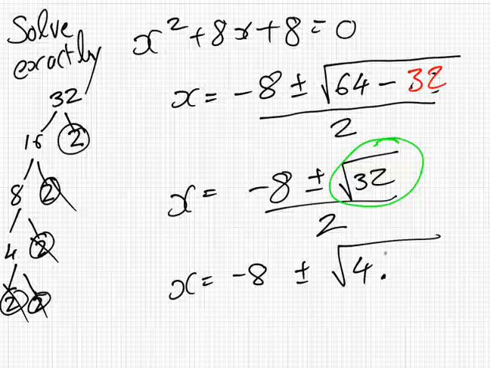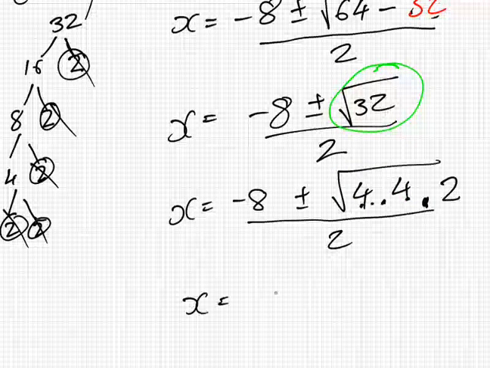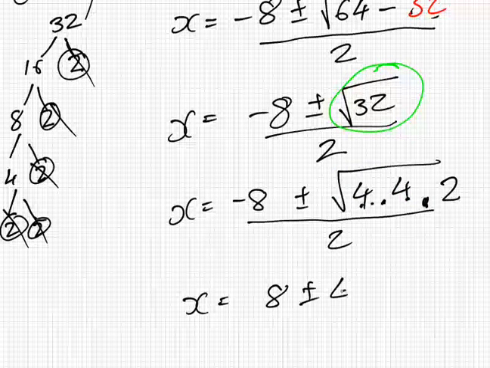Minus 10.1. Because on my calculator I got minus 10.0990. So 3 significant figures will be 1, 2, 3. The 9 here makes this one round up.